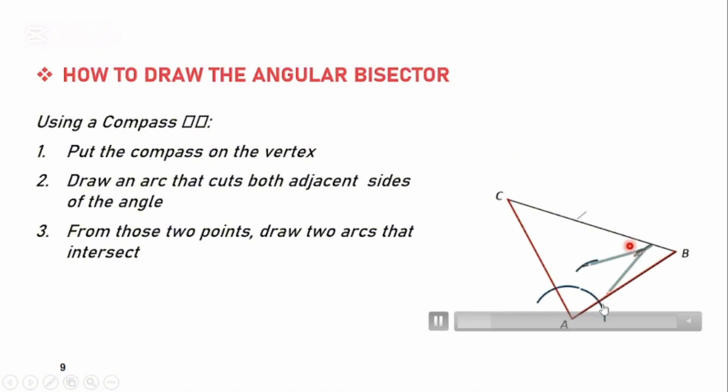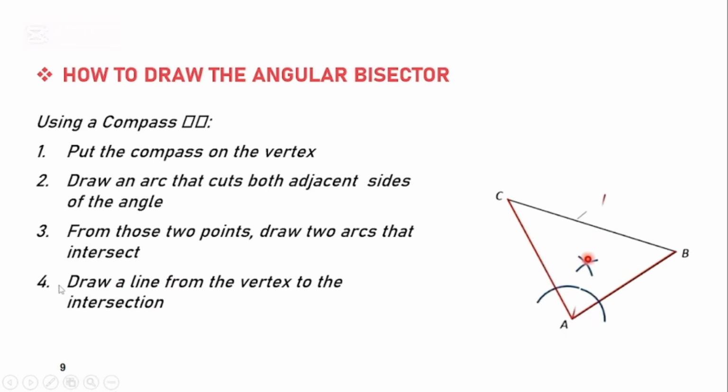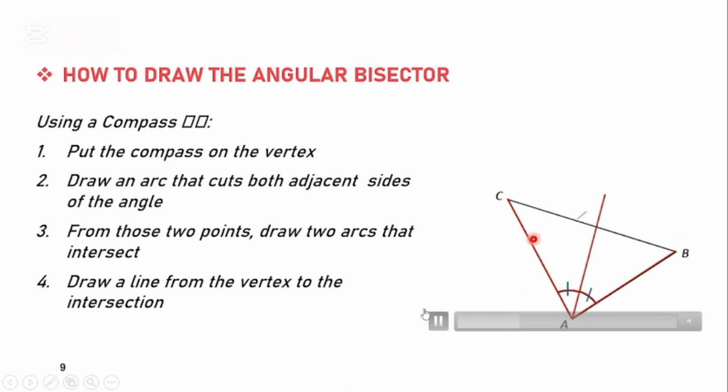So we put the compass on the 2 points, we draw another 2 arcs that intersect in 1 point. Now we just draw a line from the vertex to this point of intersection. Okay? We have 2 equal angles now.